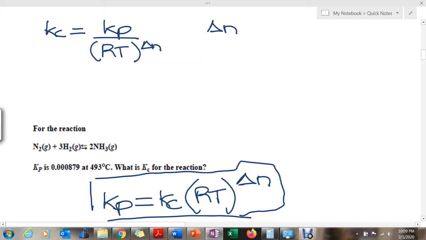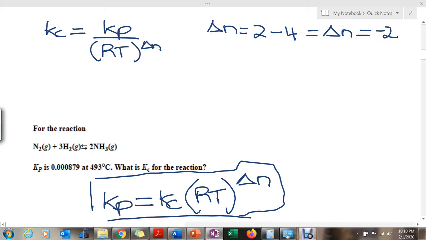Delta n is the sum of the coefficients of the products, which is 2, minus the sum of the coefficients of the reactants, which is 4. So delta n would be negative 2.